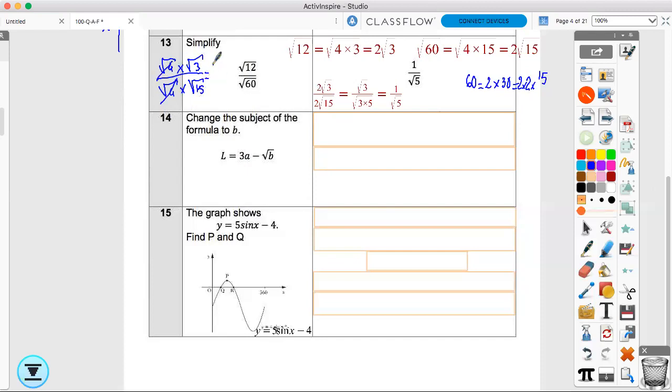But root 3 over root 15 is the same as root of 3 over 15. And now you've got to simplify a fraction. 3 over 15 is 1 over 5. And that is just root 1 over root 5, which is just 1 over root 5. So there's more than one way to get there, but you need to get to a point where you can't simplify anymore.